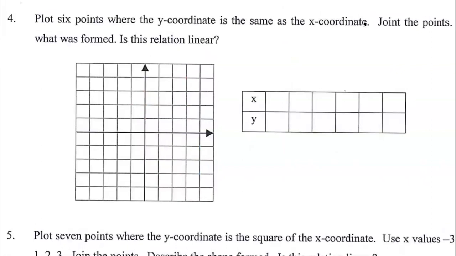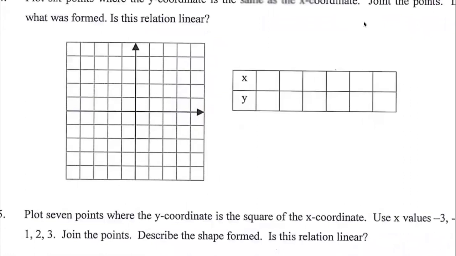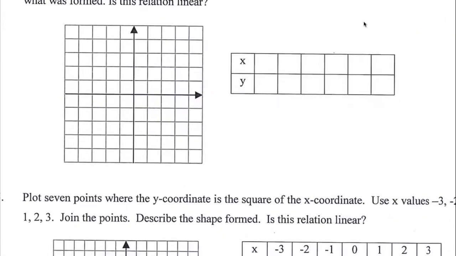Okay, question 4. Plot 6 points where the y-coordinate is the same as the x-coordinate. Join the points. What was formed? Is the relation linear? So that means, if we want x to be 0, then y has to be 0 too, right?